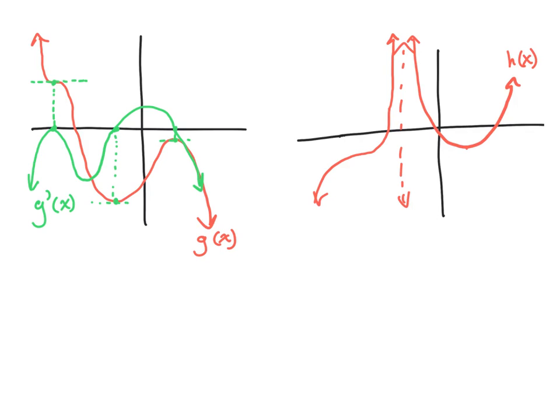And lastly, over here in this example, the only thing that's new is this vertical asymptote. Guess what? In the derivative, there would also be a vertical asymptote in that same place. So here, just pretend it's right there.